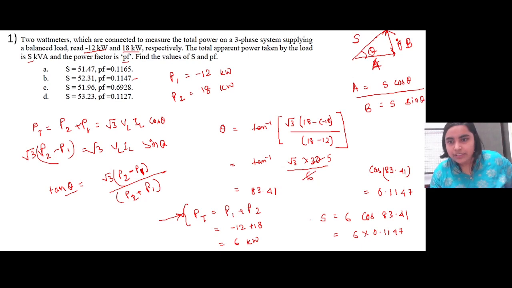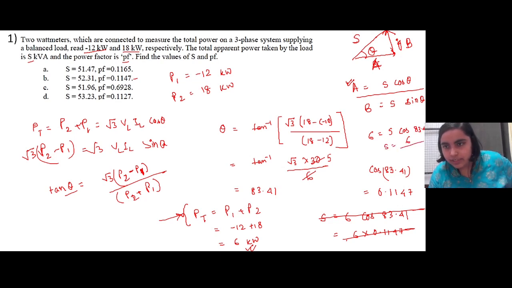So we have the value of A. It is 6, the total power. So 6 equals S cos of 83.41, so S will be equal to 6 divided by 0.1147, so it is 52.31.